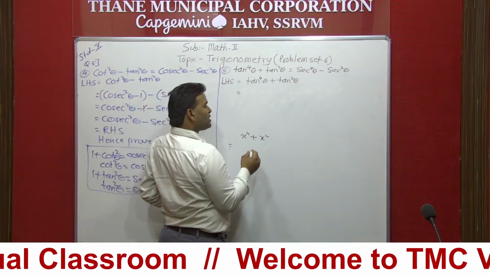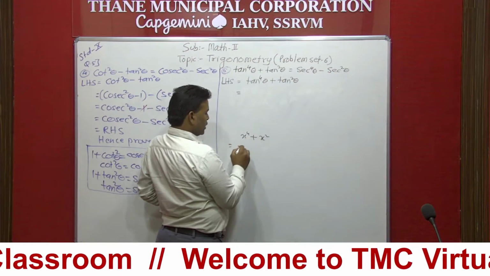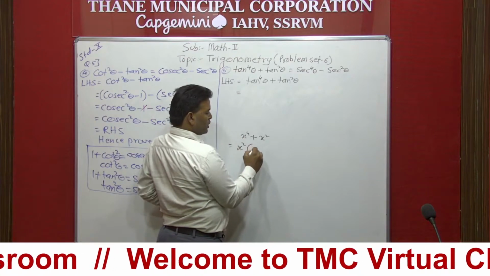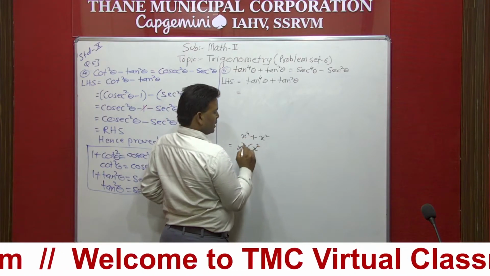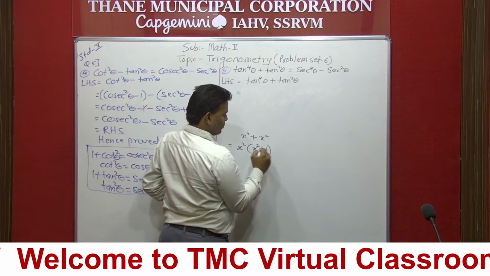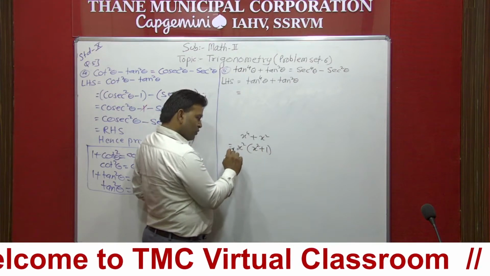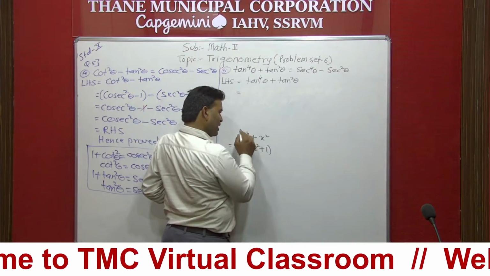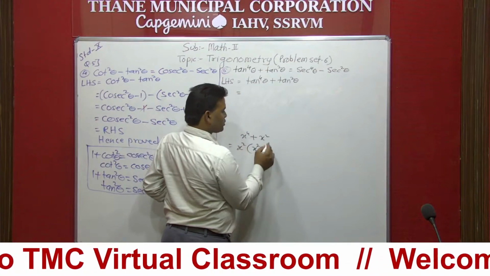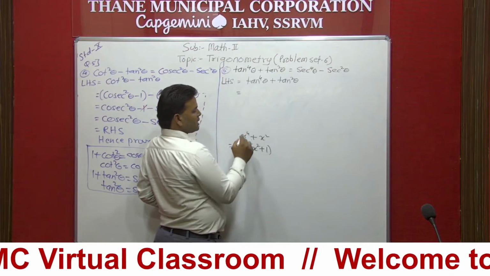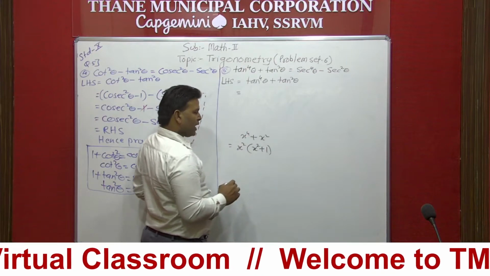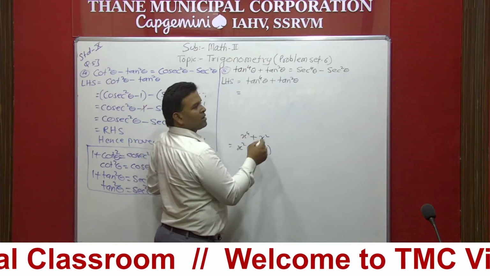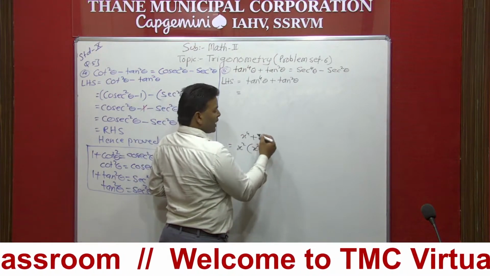How many times will x be common? Minimum 2 times. So x square, and here I will be left with x square plus 1. Now see, if I multiply this 2, I will get this, and if I multiply this 2, I will get this. It means this and this are both the same thing. Only the way of writing is different.